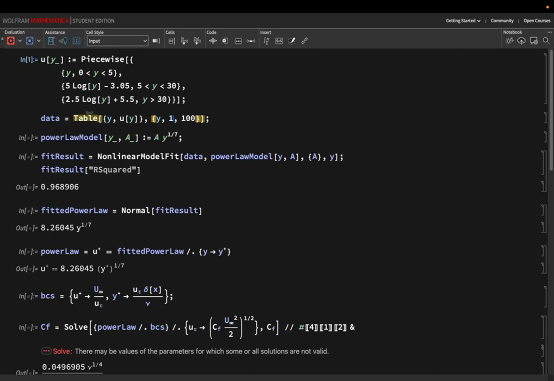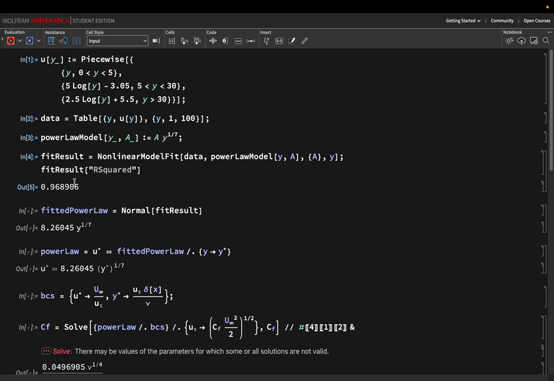From 1 to 100, you get the data, and then you fit a model of this particular sort, a power law model with given y and a as inputs, it will compute a times y to the power 1 by 7. So this nonlinear model will fit the values, and r square is a measure of goodness of fit, which will tell you how good whatever fit I'm using, for example a y to the power 1 by 7, is to the original data that I have.